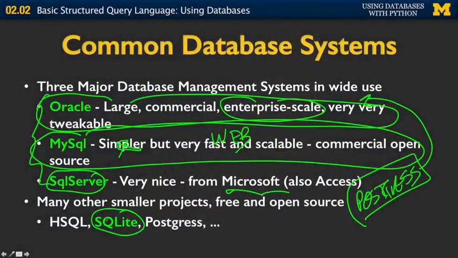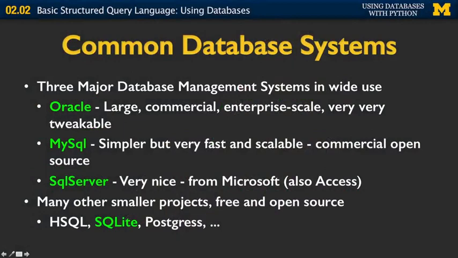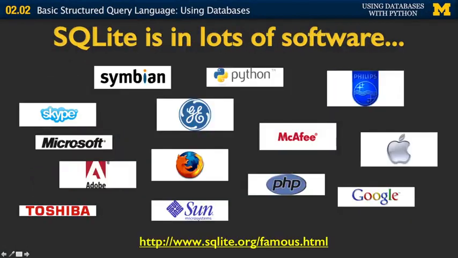But we're going to use a thing called SQLite. Light meaning little, tiny, not very heavy. And so SQLite is what's called an embedded database. MySQL or Oracle are whole pieces of separate software that we talk to across a network connection. But SQLite is actually part of software. And so it's built in.